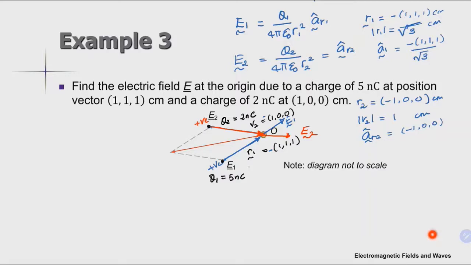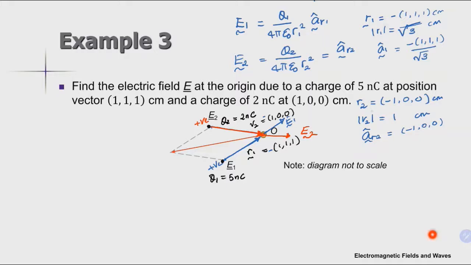So we define R1 as minus 1, 1, 1. Then therefore the magnitude of that will be square root of 1 squared plus 1 squared plus 1 squared. That will be square root of 3. Unit vector will be my vector R1 divided by the magnitude, which is root 3.